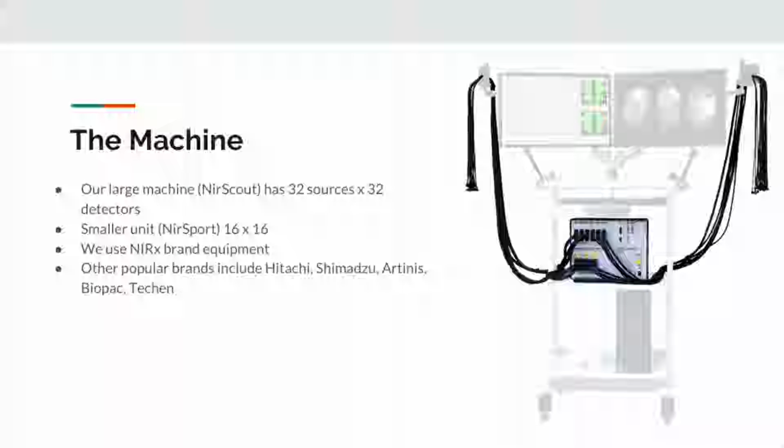Our machine specifically is a NIRScout unit from the company NIRx. It has 32 sources and 32 detectors. We also just got a smaller unit called a NIRSport that can be run wirelessly, that has 16 sources and 16 detectors.